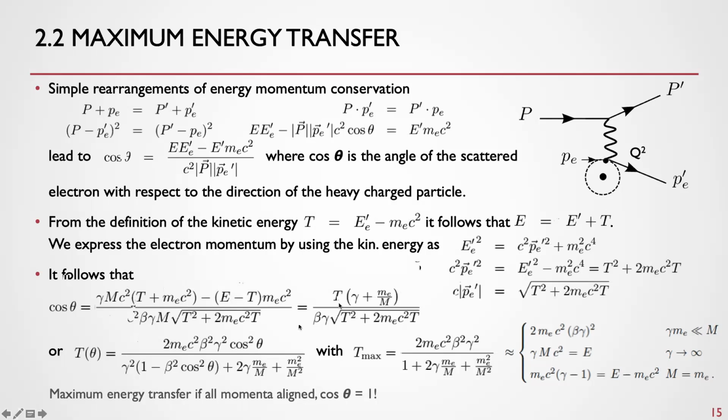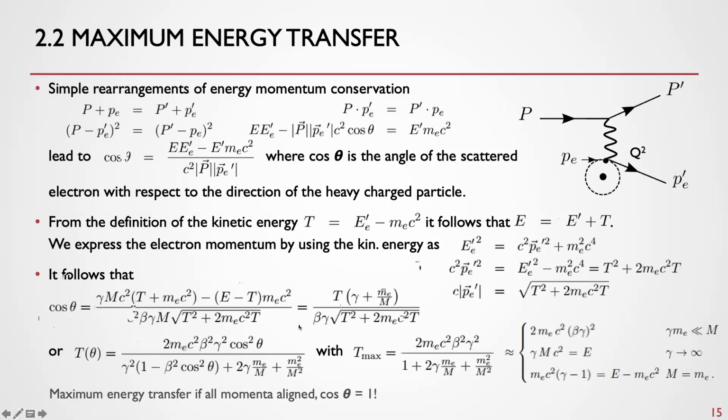and we are left with 2 terms that contain the kinetic energy of the outgoing electron times the gamma factor, and that's the gamma factor of the particle that travels through matter, plus constant terms, functions of the masses, and divided by beta gamma and square root of T squared. Now, that's a quadratic equation for cosine theta.